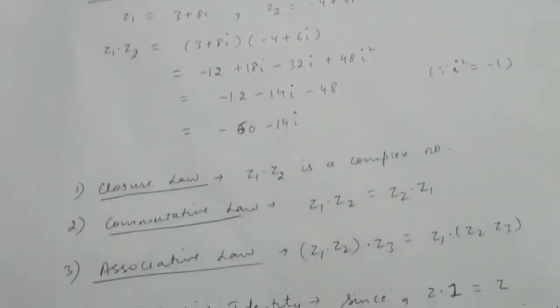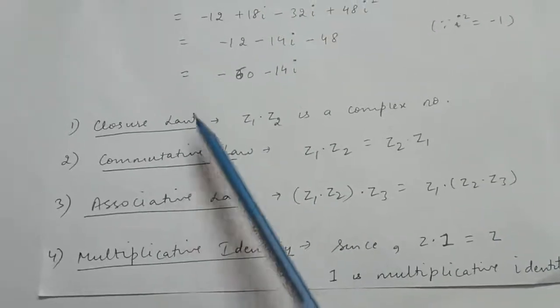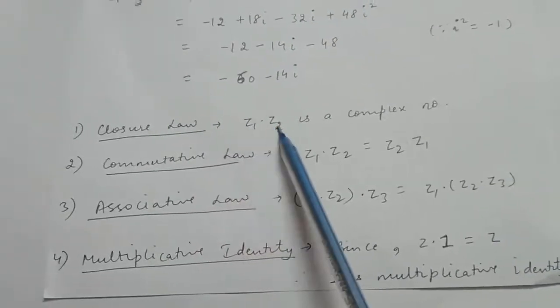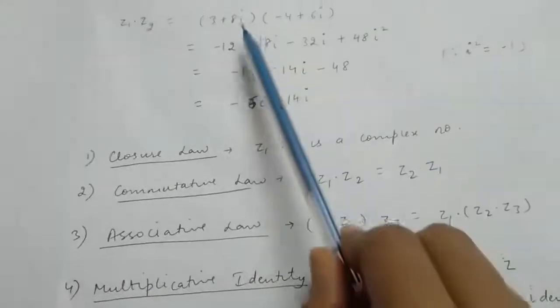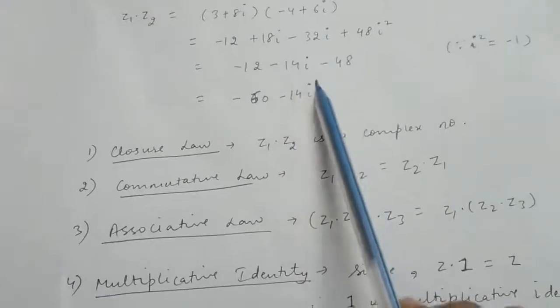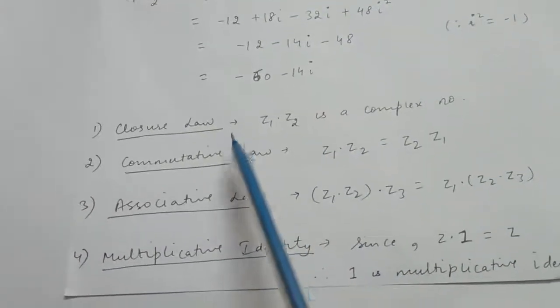Now there are also some properties which multiplication of complex numbers follows. So the first is closure law, that multiplication of two complex numbers is also a complex number. Here we have multiplied two complex numbers, so the result is a complex number, right? This is closure law.